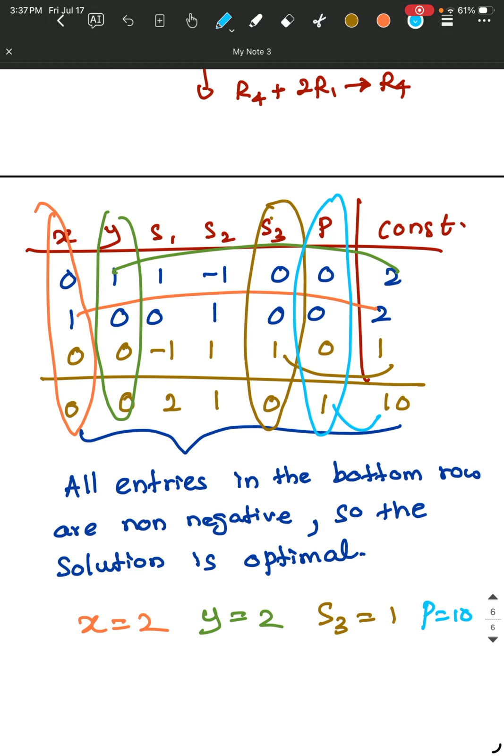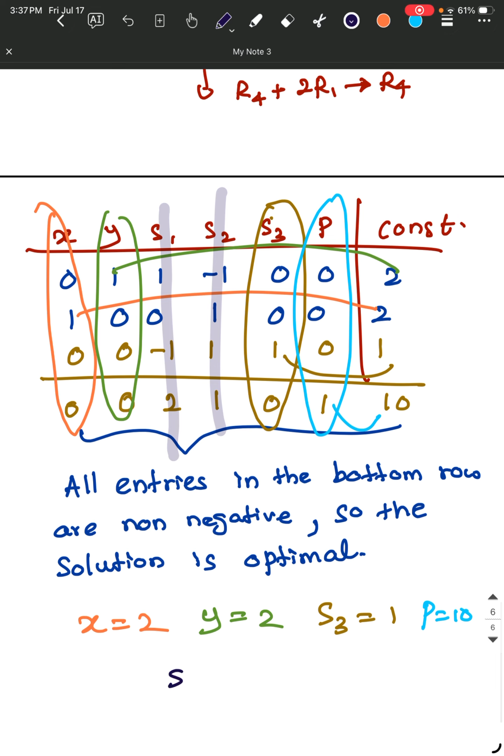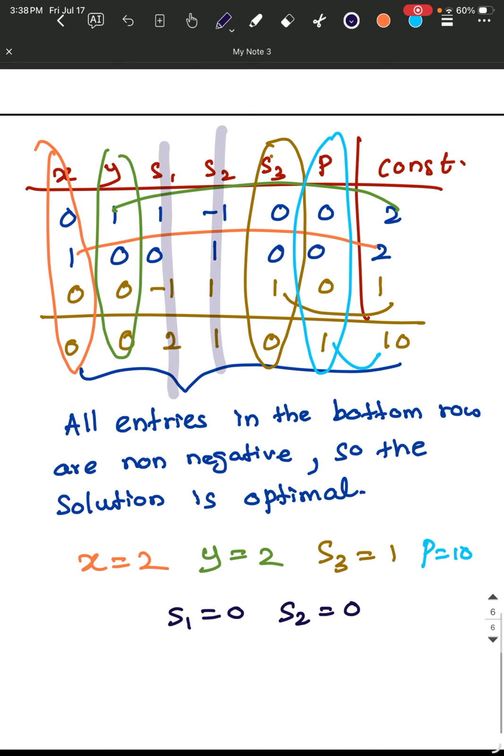All other entries, that means not the unit columns, then S1 equals 0, S2 equals 0. So this would be the optimal solution.